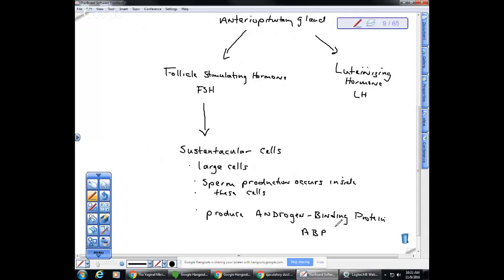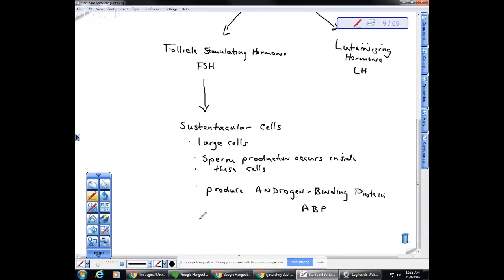So testosterone starts to accumulate in there, and then this leads to the production of sperm. So this leads to spermatogenesis. Okay, so it leads to sperm being produced.